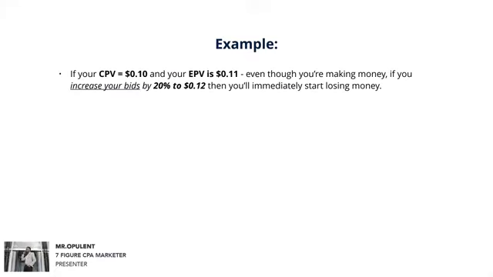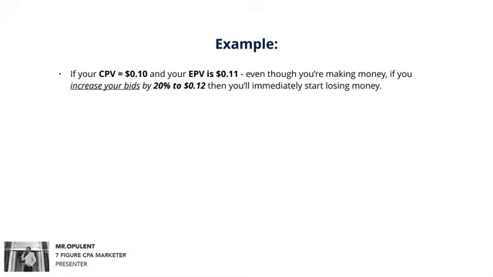So let's say, for example, that your CPV is 10 cents and your EPV is 11 cents. Even though you're making money, if you increase your bids by just 20% to 12 cents, then you'll immediately start losing money, okay? Literally, if you just increase your bids from 10 cents to 12 cents, and your EPV stays constant, then you're going to go from making money to losing money.